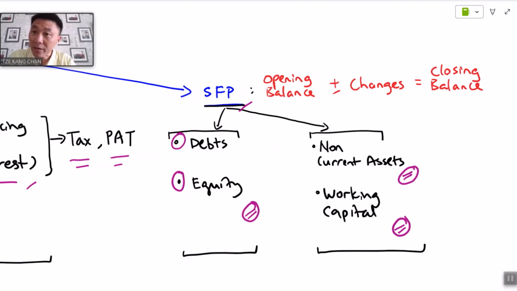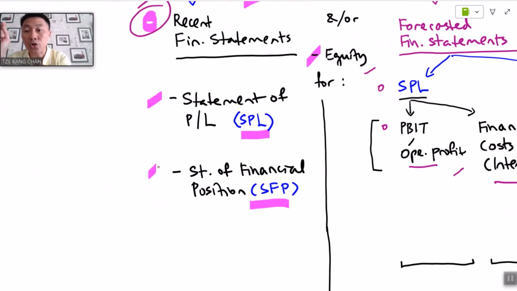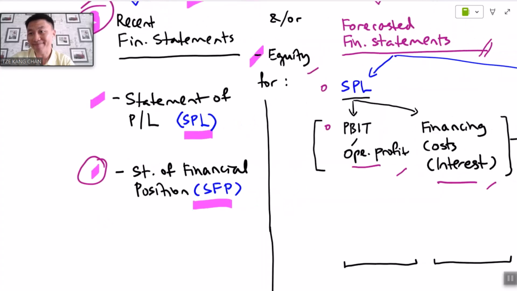A casual reminder to all of you guys: whenever you attempt to derive the forecasted value of the components shown in the statement of financial position, do bear in mind the following relationship, whereby the amount shown in every item under the statement of financial position is largely derived from the opening balance, which largely refers to the balances shown in the recent period's statement of financial position.